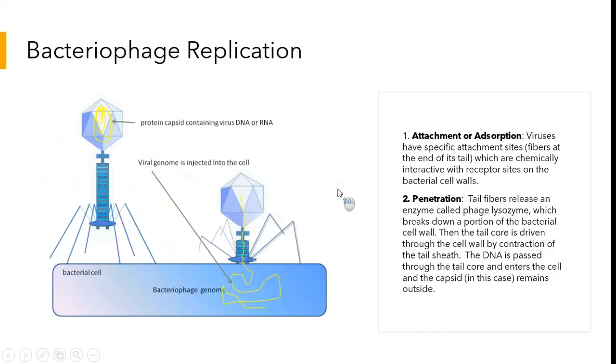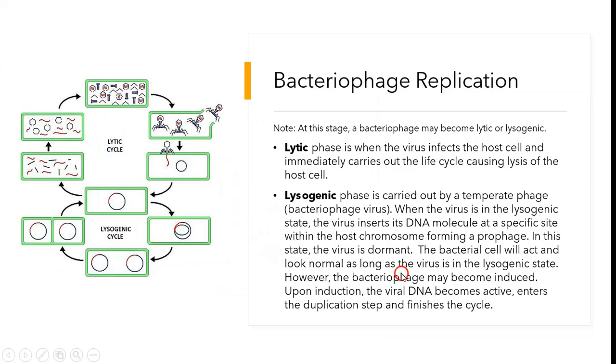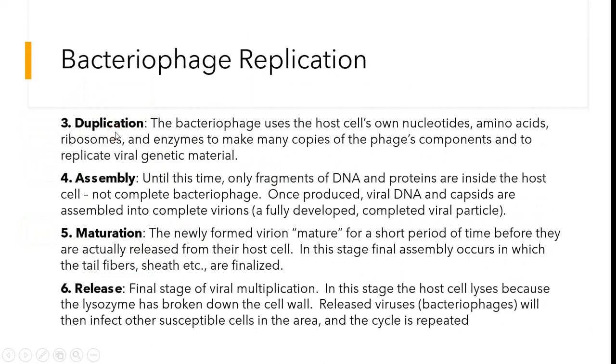So you go from attachment to penetration, and then that bacterial virus has to make a decision. Is it going to become active, or is it going to go into the latent or dormant phase? So let's assume it's going to go into the active phase and go through the next three steps. So duplication. Here in the duplication, the bacteriophage has to do just like we did in the animal virus.